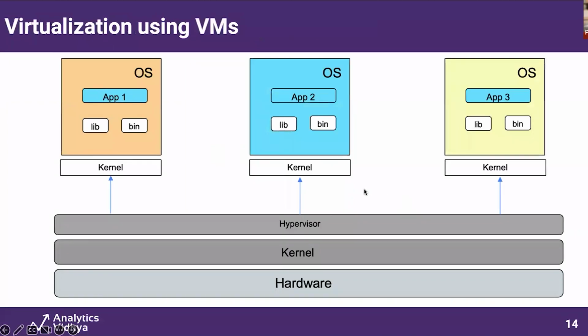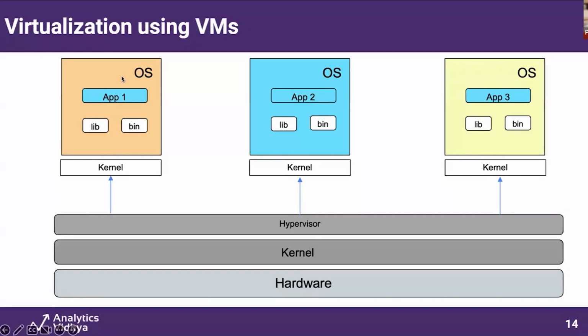Now, what happens in VMs, you have, let's say, a Windows machine, and you have a kernel or host system. You have a layer of hypervisor. Okay, what this hypervisor does, it enables you to have different operating systems installed on the same machine.